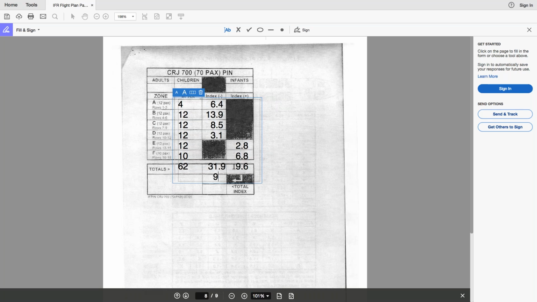So we just bring our 9.6 below the 31.9. That gives us 22.3. Remember that these ones are negative.